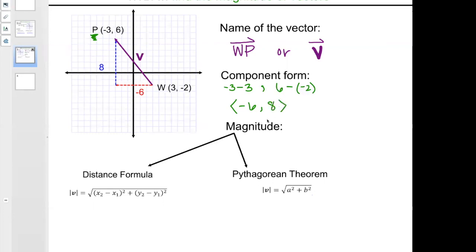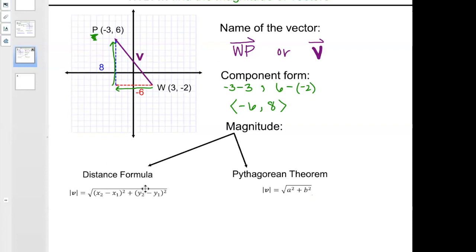This is our component form. Since I have this one graphed, it also matches if we count from the initial to the terminal. Starting at the initial, we go left 6 units, hence the -6 horizontal, and then up 8 units to get to the end point, which is the +8 vertical component. So -6, 8 are our components.